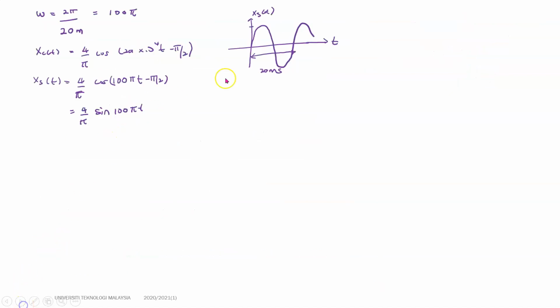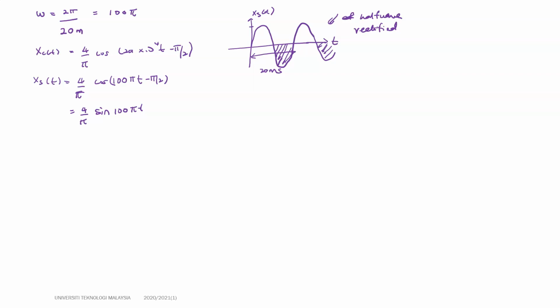The signal from this xt becomes half wave rectified, so we cannot consider the negative part of the signal. So this has become half wave rectified.